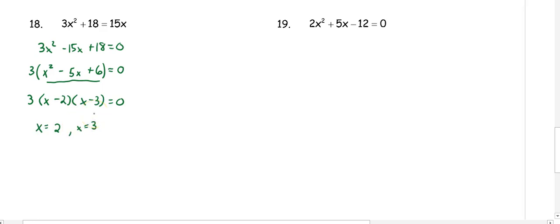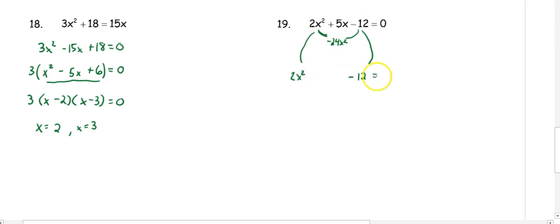Now, 19, we don't get as lucky because there's not a GCF between them. So what's going to happen here is we're going to use splitting the middle, which is also known as the Batman method. So what's going to happen is we want to multiply the last and the first term together, which gets us negative 24x squared. And then we're going to bring those two terms down. So we still have 2x squared.